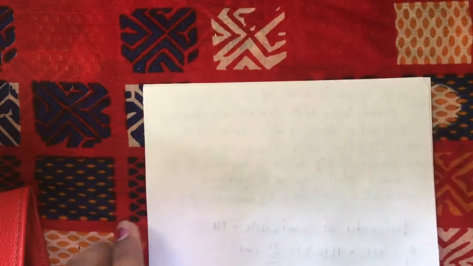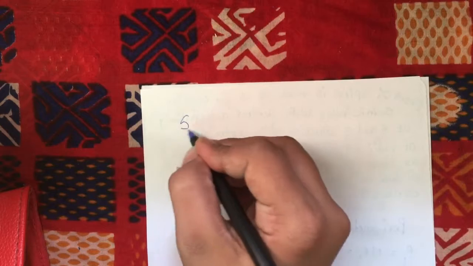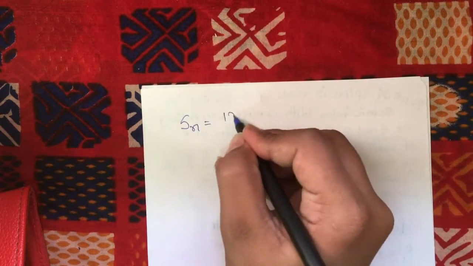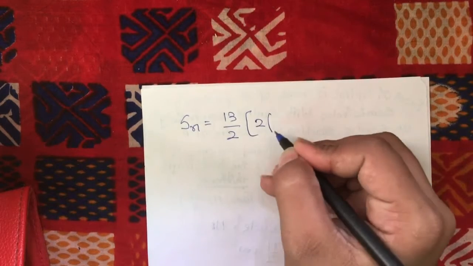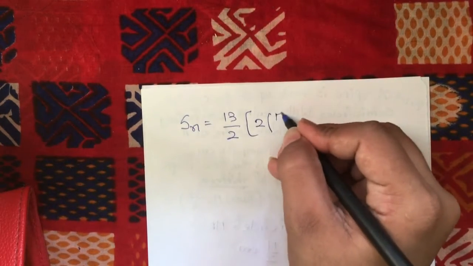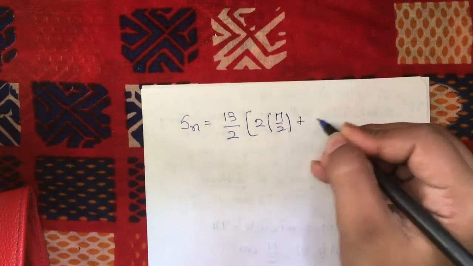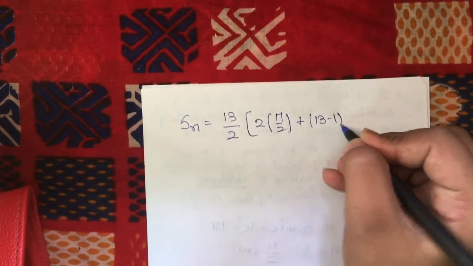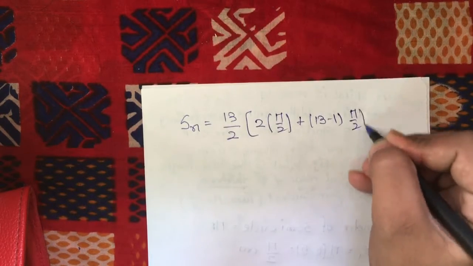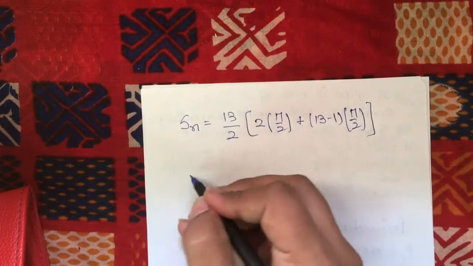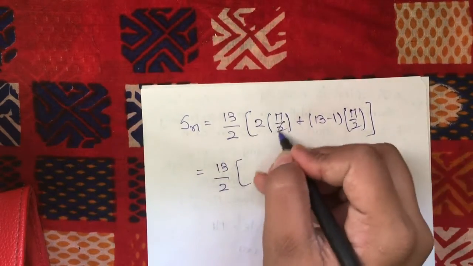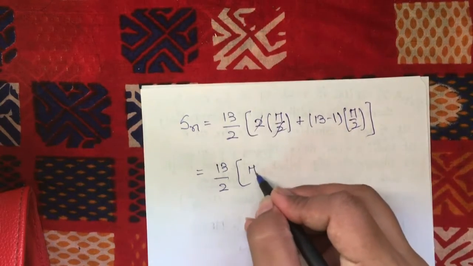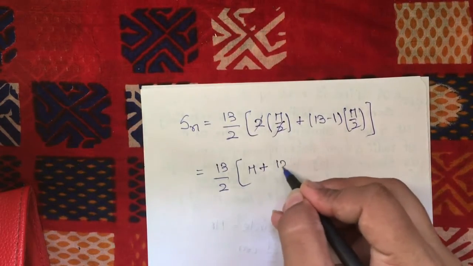Okay, so let's just start putting all these values, that Sn is equals to 13 divided by 2 into bracket 2 into pi by 2 plus 13 minus 1 into pi by 2. Okay, so this is 13 divided by 2 into bracket, 2 gets cancelled, so this is pi plus 12 into pi by 2.